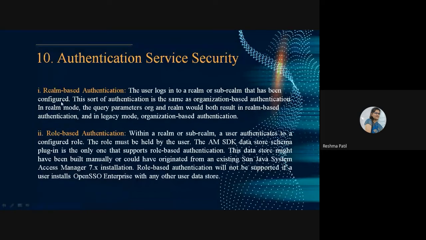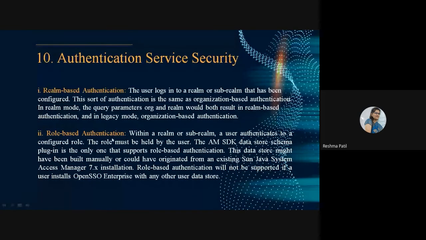This is configured into that OpenSSO. This sort of authentication is the same as the organization based authentication. In the realm mode, the query parameter org and realm would both result in realm based authentication, and the legacy mode and organization based authentication. So here a realm is used for authentication of the user.